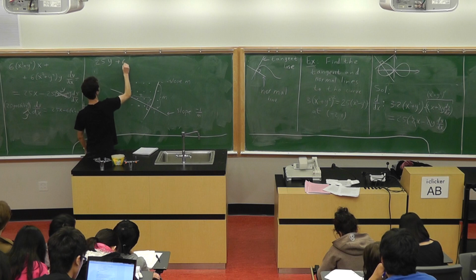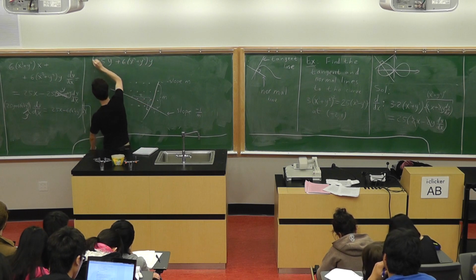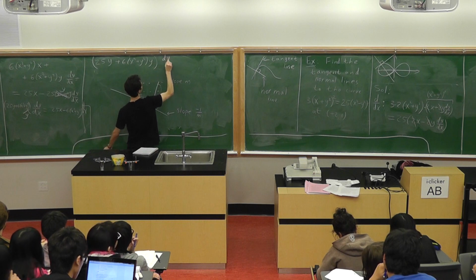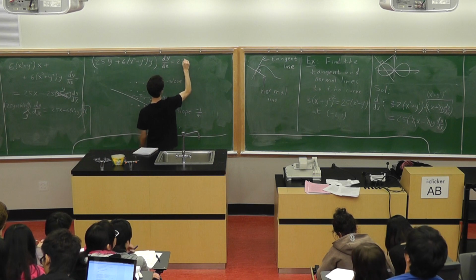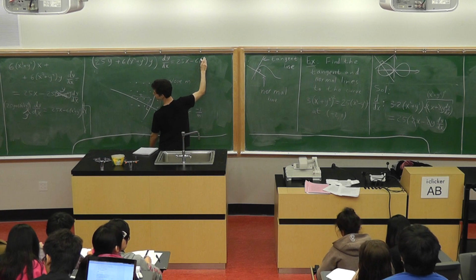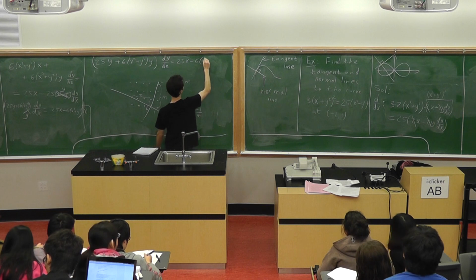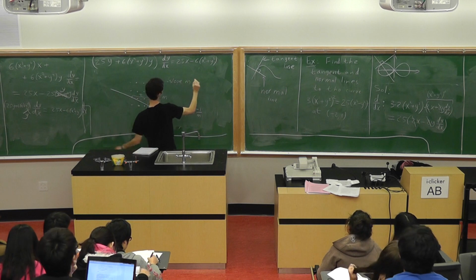25y plus 6 times (x squared plus y squared) times y, everything multiplied by the derivative, is 25x minus 6 times (x squared plus y squared) times x.